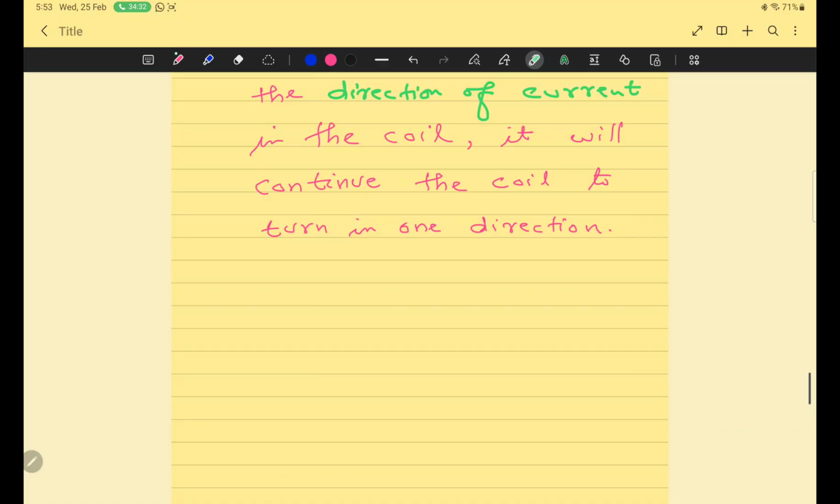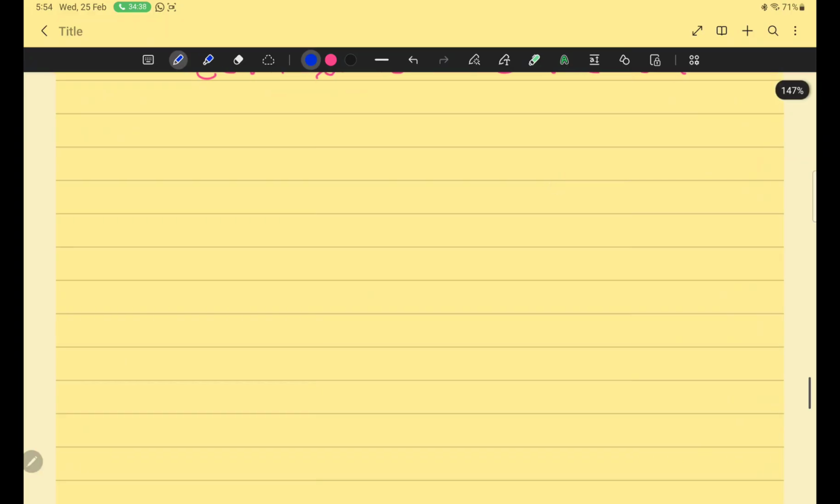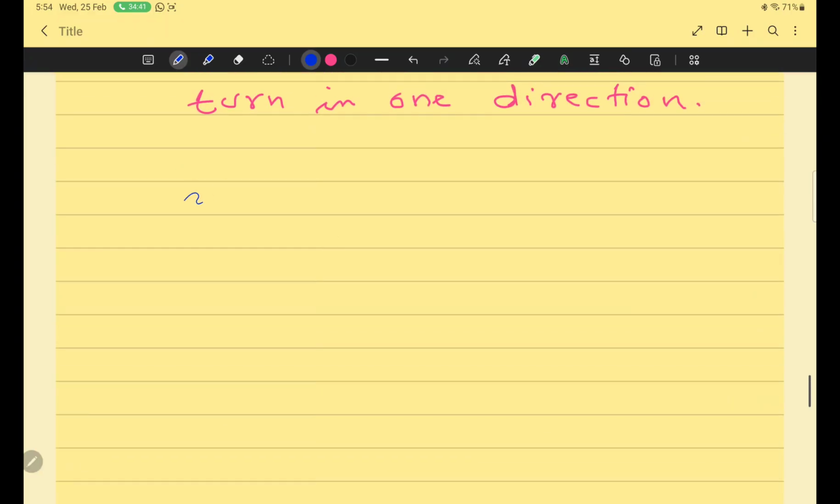Sir, do we have any formula for the DC motor? No, you do not have any formula, but the coil is turning, and if an object is turning, then obviously there is a turning effect.